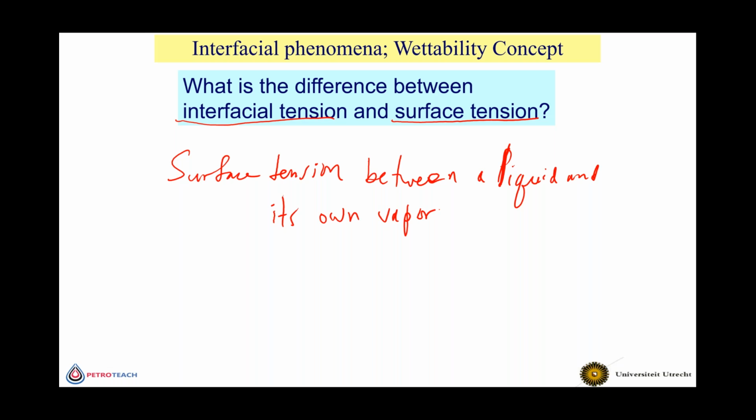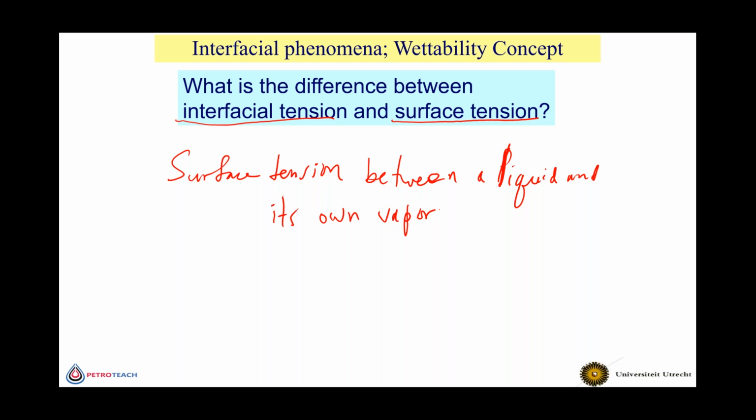If you put the liquid in a container under vacuum, that liquid will evaporate, and the interfacial tension between the liquid and its own vapor is called surface tension. Now, if instead of vapor you have air, it's the same, because the air or vapor will not be much different.